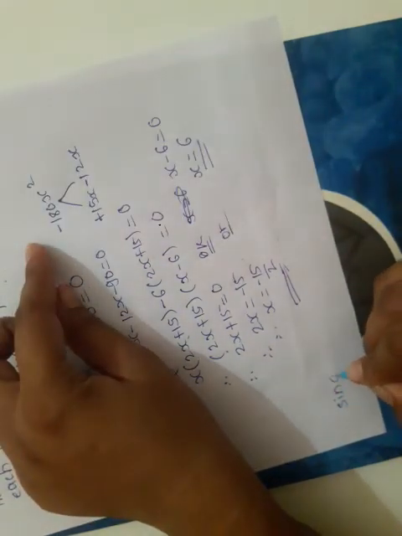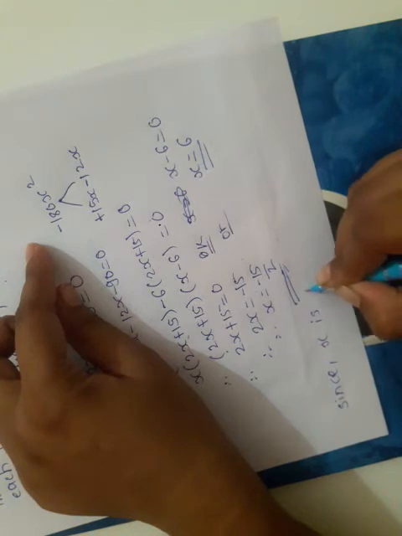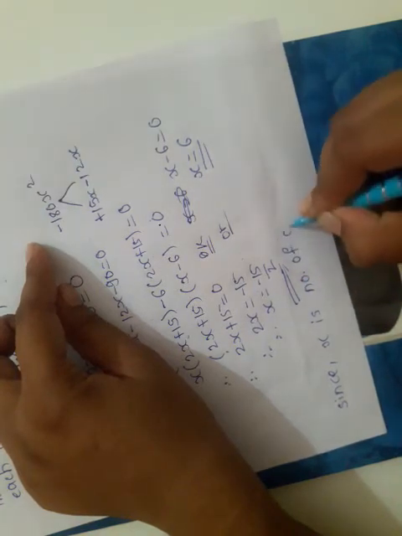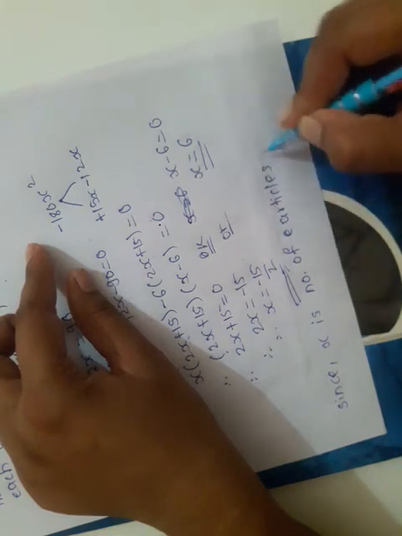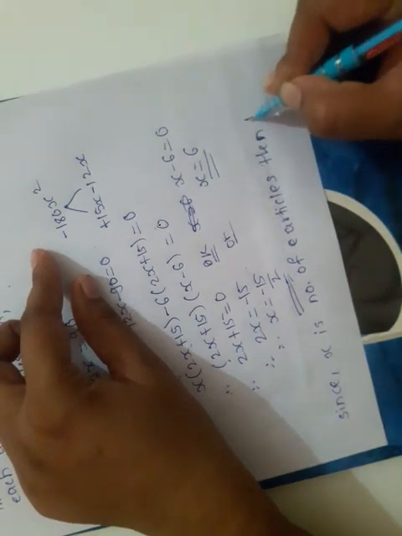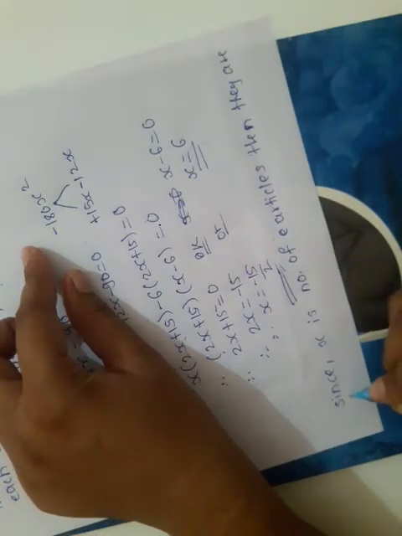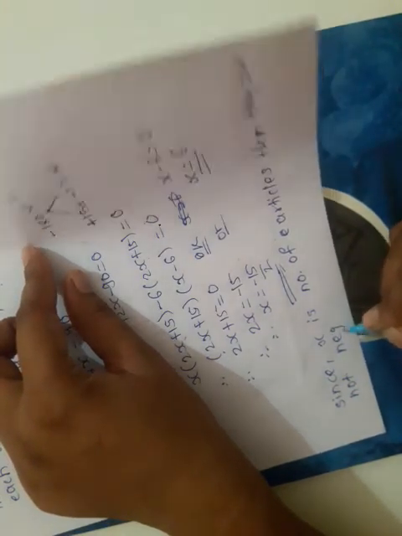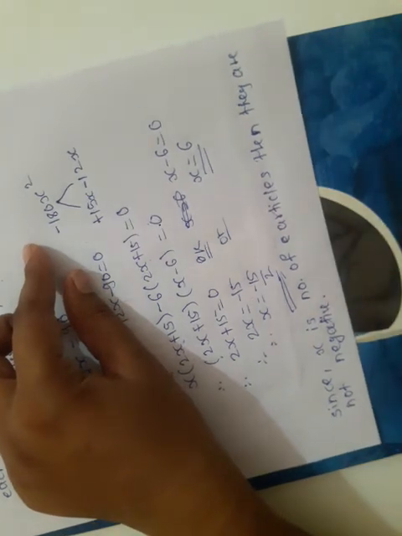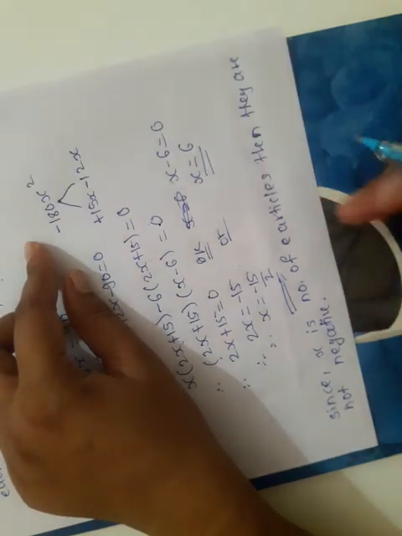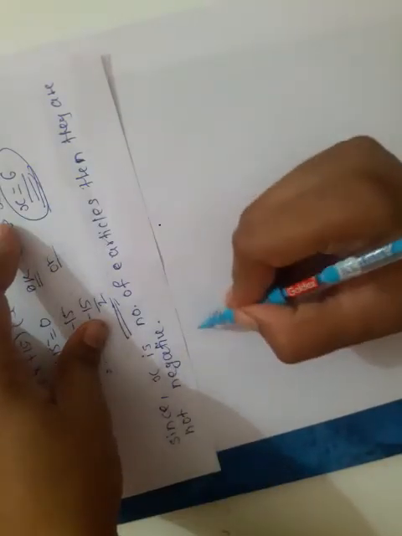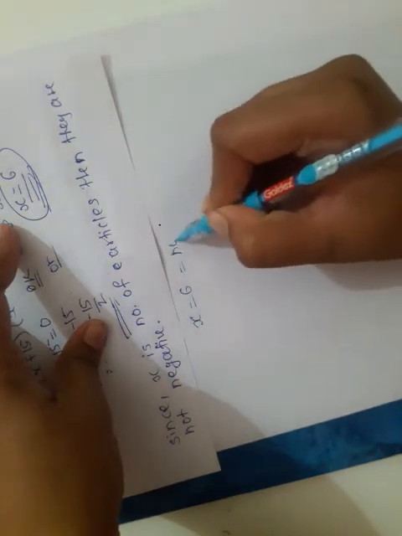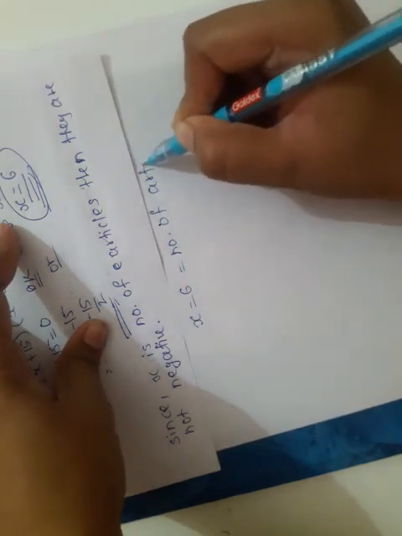Write down here, since x is the number of articles, it is not negative. Obviously it is positive, so we take x is equal to 6 as the number of articles.